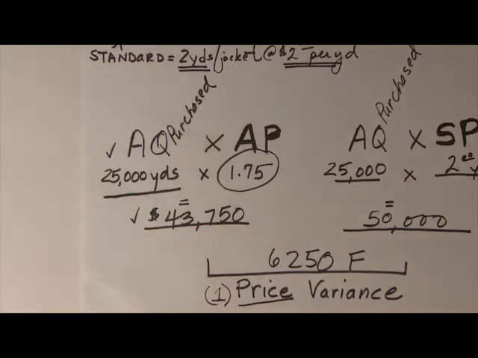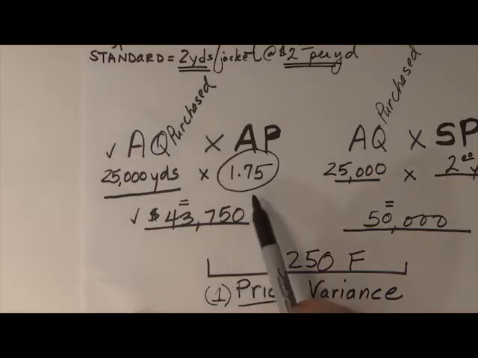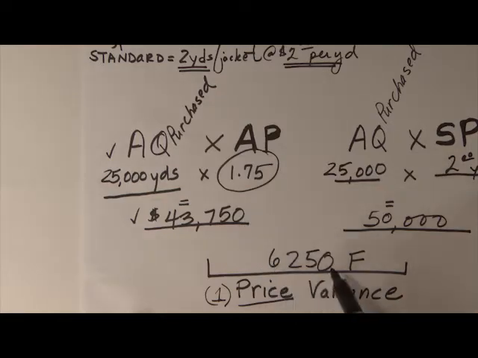The other thing is maybe we found material that was cheaper, perhaps of lower quality. Either one of those would be reasonable explanations. And it is favorable by $6,250. So what this is saying is, because we were able to get the material for less, this actually caused us to have $6,250 more profit.